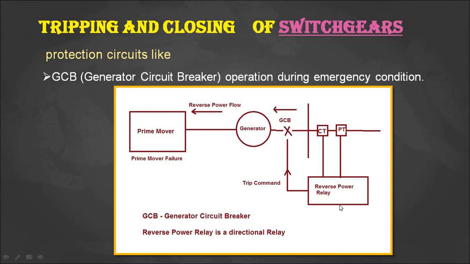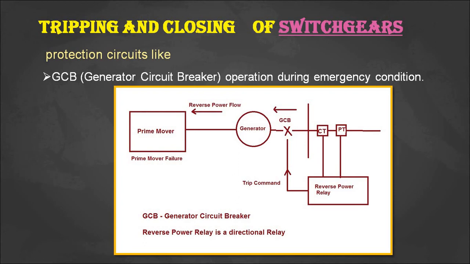That reverse power relay uses the 220 volts DC supply as a backup supply. If there is no AC supply, then the reverse power relay will act by using the 220 volt supply.